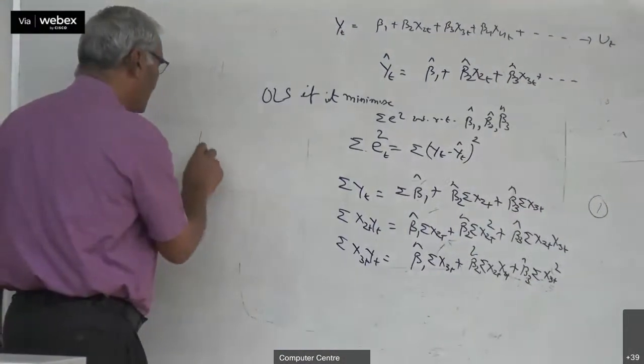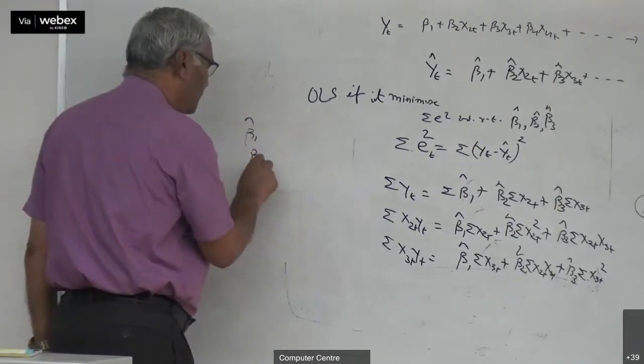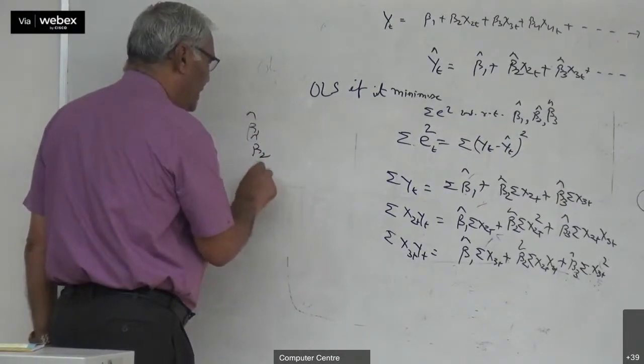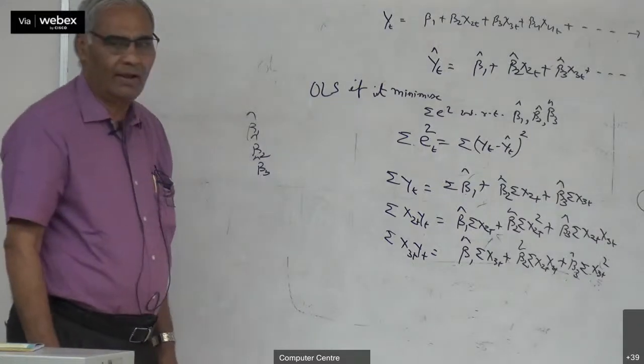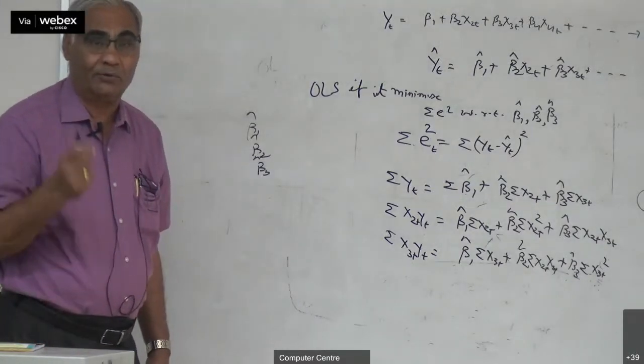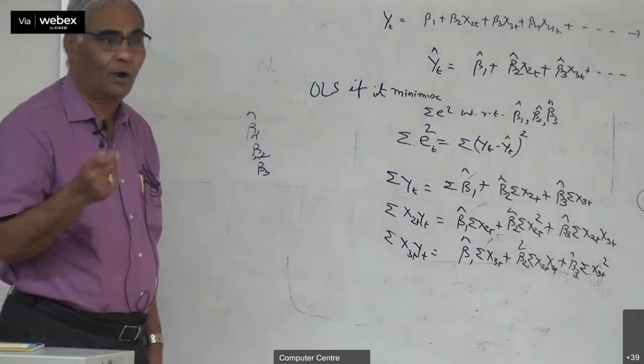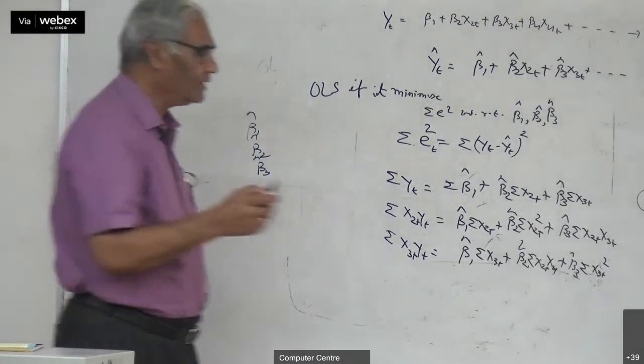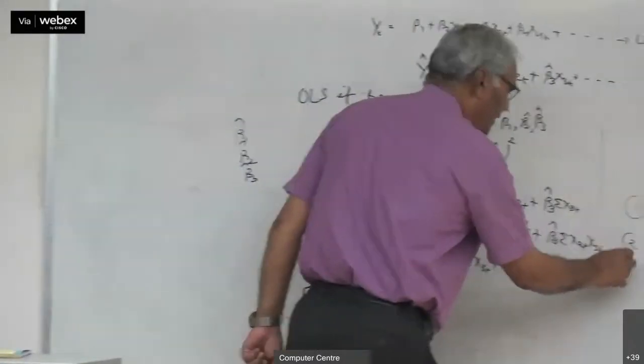कितने अननोन है हमारे पास? Beta 1 cap, beta 2 cap and beta 3 cap. These are the three unknowns. And in order to get the unique value of three unknowns, how many equations we need? We need three equations. So these are the three equations.